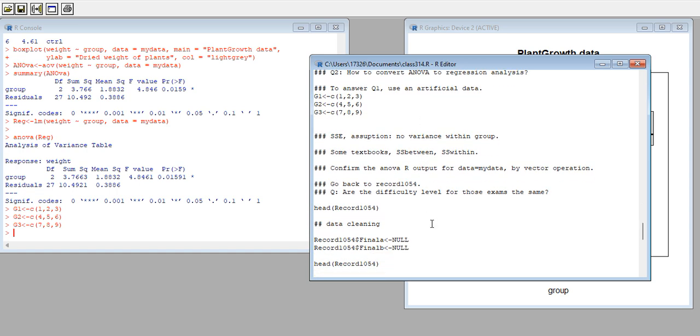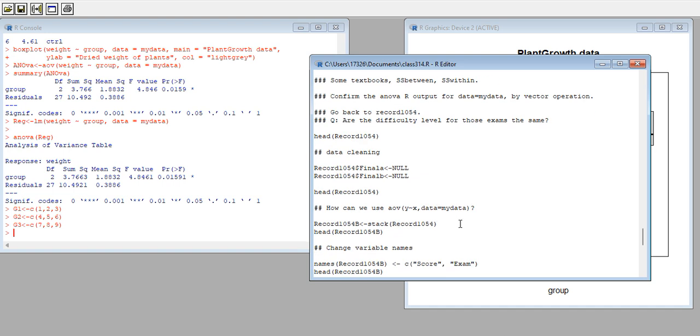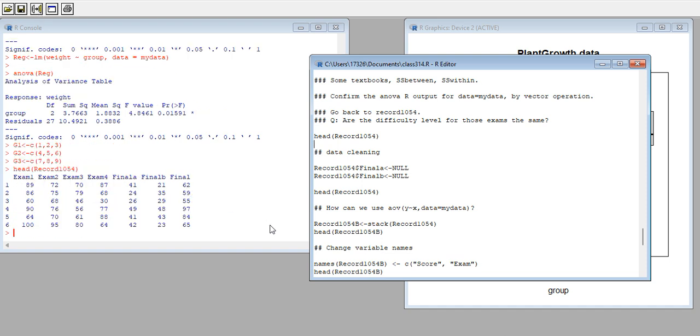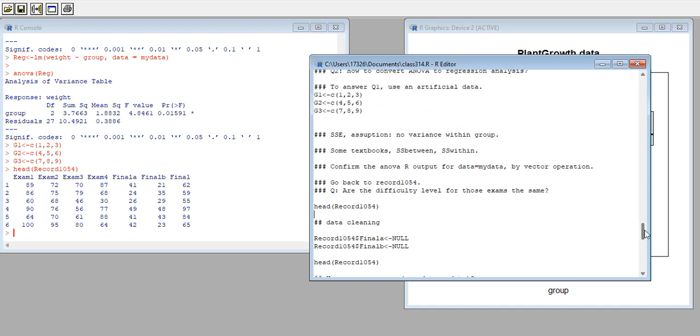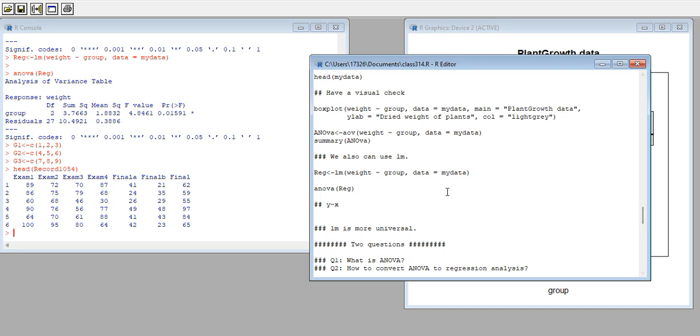Okay, so now let's check it over here. So what's the difference between LM, the linear regression model, and ANOVA? So here we emphasize ANOVA should use, let's say go back to here, ANOVA y related to x.